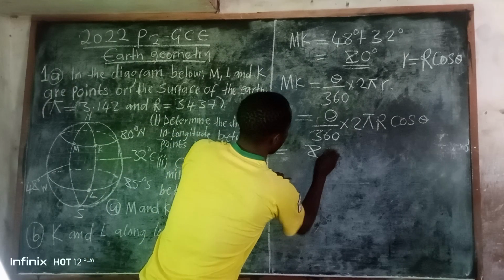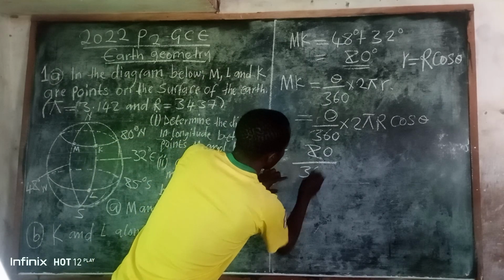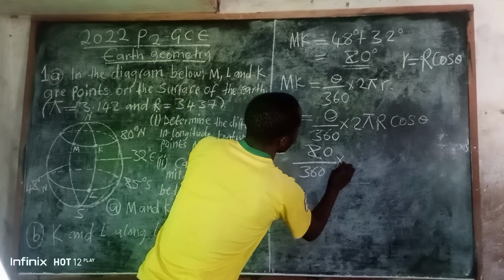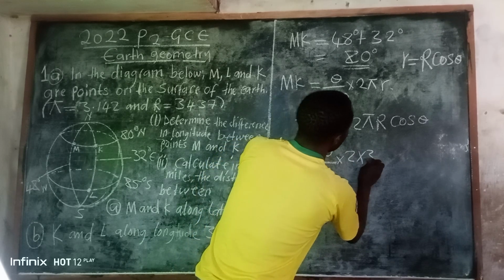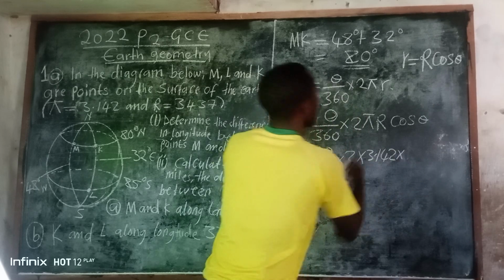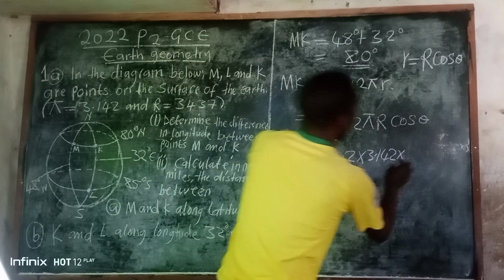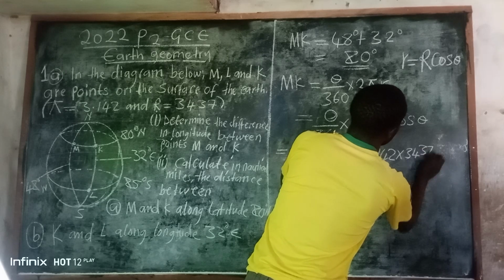We don't have to waste much time here because we have already found the difference. Then 360, times 2, times 3.142, times 3437, cos.